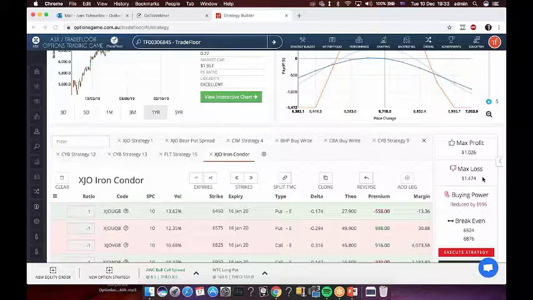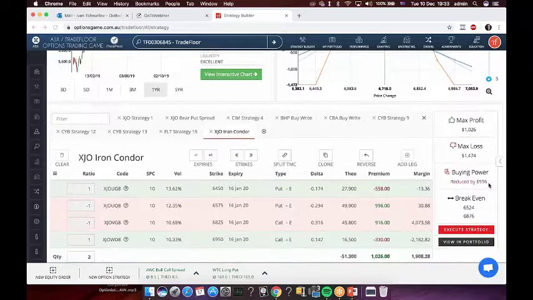The maximum loss should be equivalent to the amount of margin that you're going to have to pay. So although in this case we need to pay $1,000 to put this trade on, you really need to have $1,500 in your bank account to account for potential margin spikes.